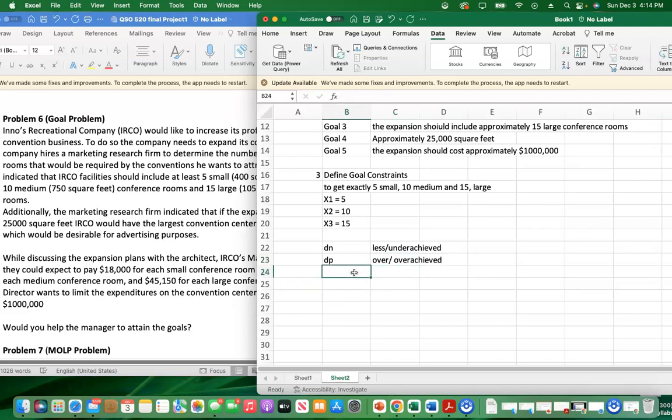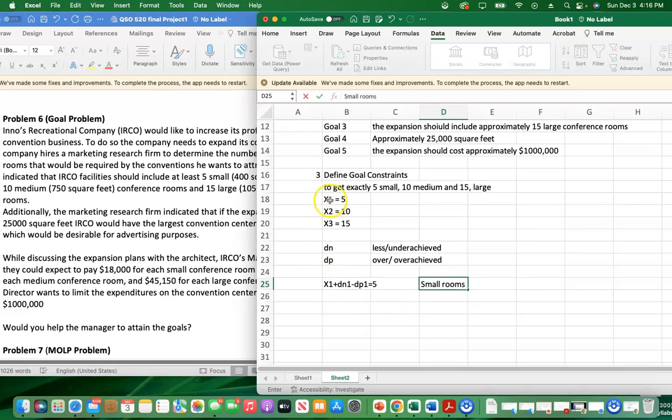So the goal can be underachieved or overachieved. So for x1, we're going to add dn1 minus dp1, and this will be equal to 5, and that is for the small rooms.